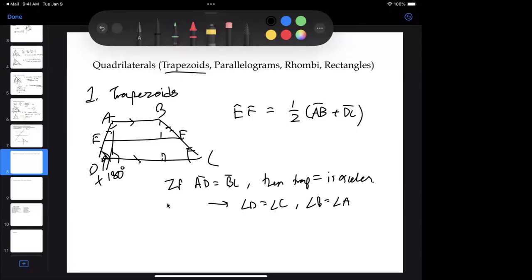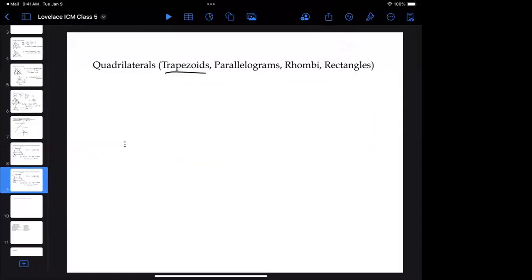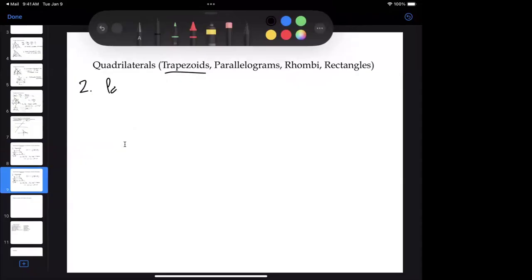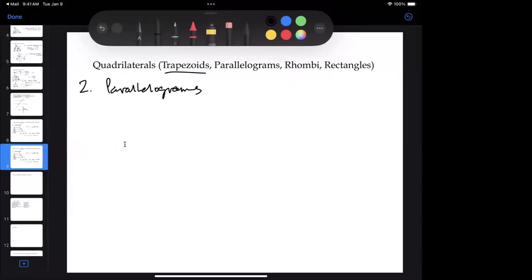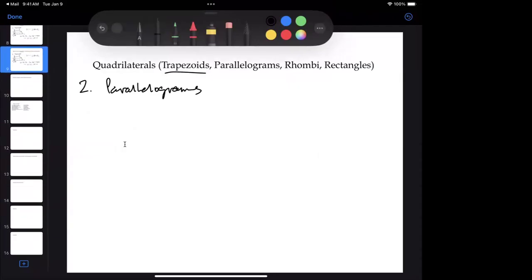Okay, let's do one question. Actually, no, we'll just move on to parallelograms because we still have a lot to cover.